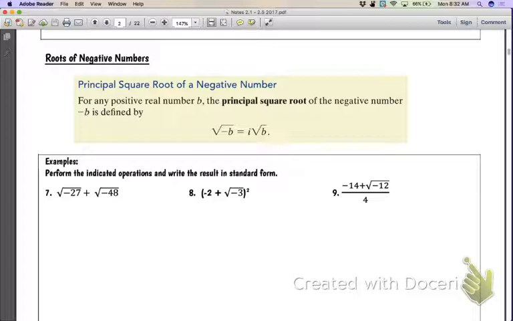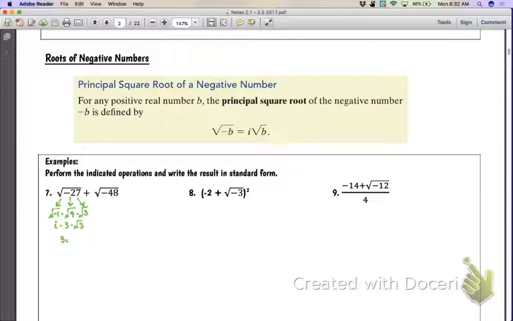So if I want to factor out here, I'm going to factor out the i, so the negative 1. I'm going to factor out a 9, and I'm going to factor out a 3. So then, that's i, that's 3, that's still the square root of 3.